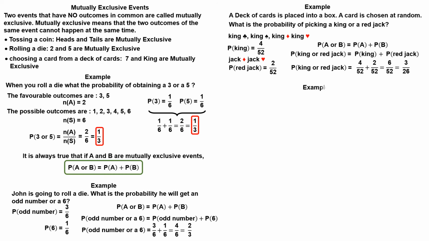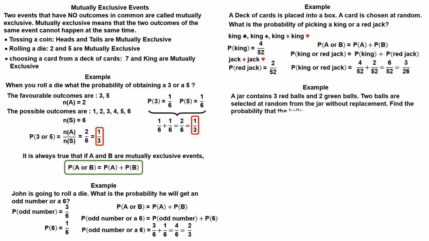Example. A jar contains 3 red balls and 2 green balls. 2 balls are selected at random from the jar without replacement. Find the probability that the balls are either both red or both green. We calculate the probability of 2 red balls, then the 2 green balls.